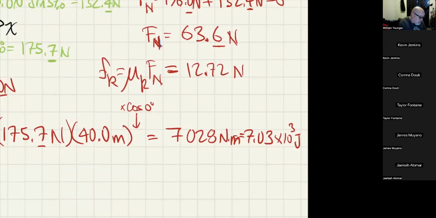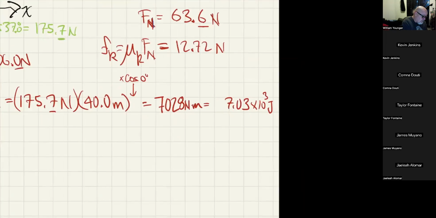So a newton times a meter is defined to be a joule. If I had to put this in the proper number of sig figs, it'd be 7.03 times 10 to the third joules.